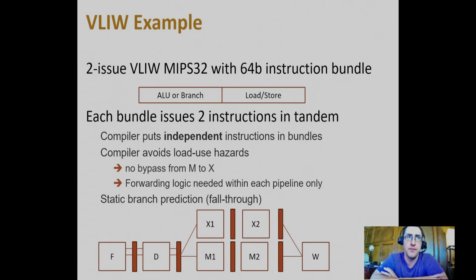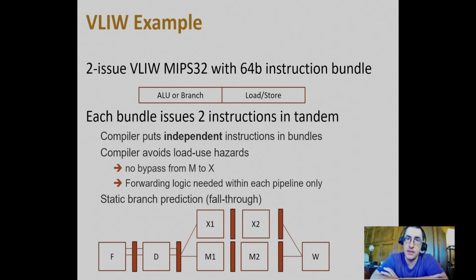Bundles are fetched. Fetch addresses will be aligned to multiples of 8 bytes, because that's 64 bits. So every bundle is 8 bytes, so fetches will be 8-byte aligned. Every bundle will be aligned to an 8-byte address.